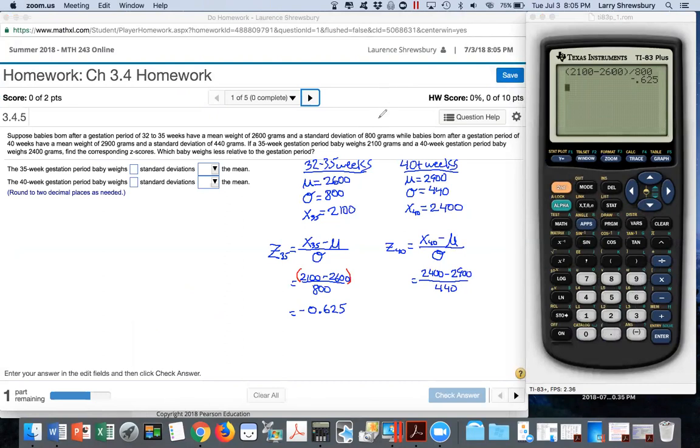And as we did before, use the parentheses. If you don't do the parentheses, your answer will be very wrong. If you don't believe me, just try it. You'll see. So let's do our left parenthesis, 2400 subtract 2900, right parenthesis, and divide by 440. We double check, make sure I punched that in right. Looks good. And let's write that in.